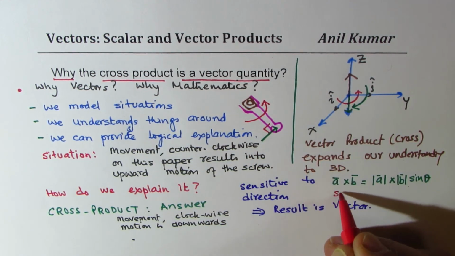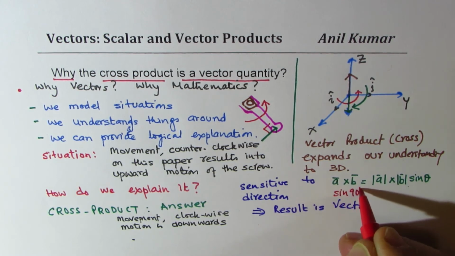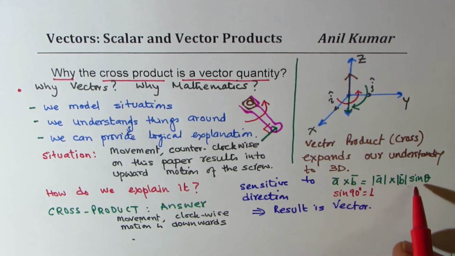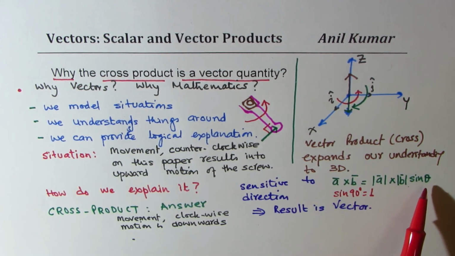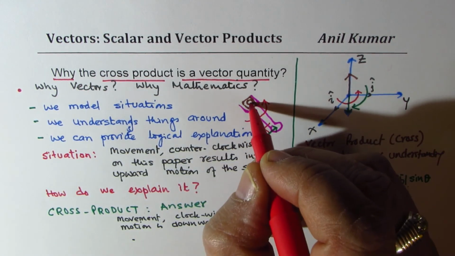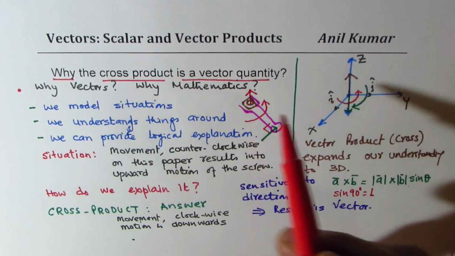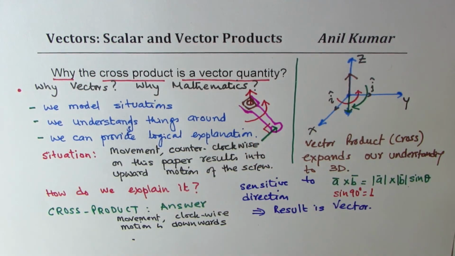We know sine of 90 degrees is 1. And so it makes sense to use this cross product with product of magnitudes times sine theta. And as we saw, the result will be upward movement, which will be represented by the z-axis. So I hope this simple explanation gives you some idea why cross product is a vector quantity.